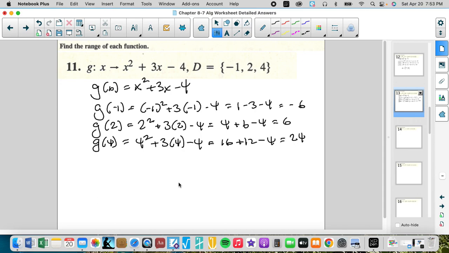I think that's 24. That's 28, 24. Yeah. So my range values go from negative 6, 6, and 24.